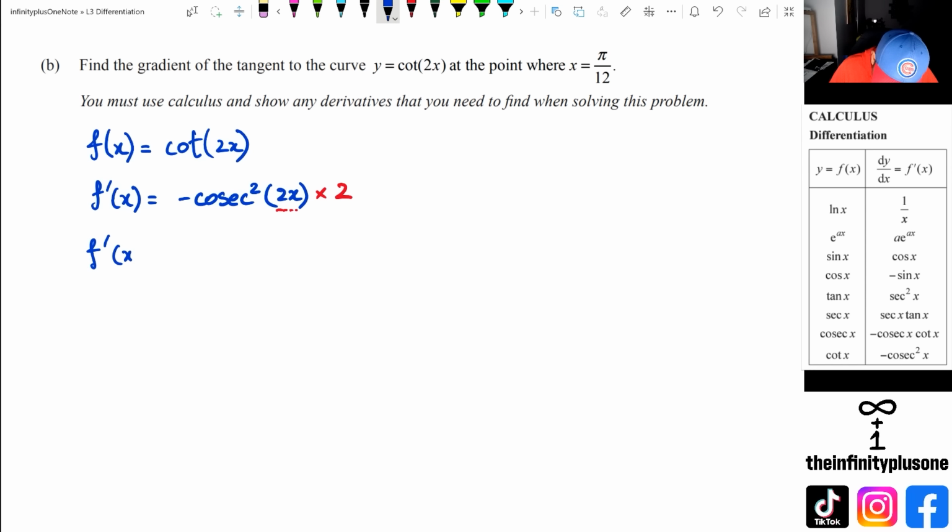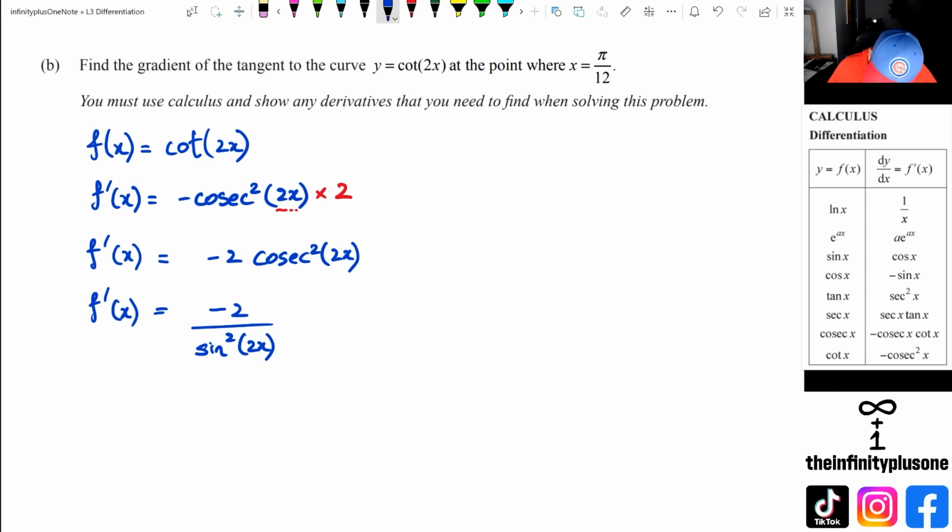So we can say that f dash of x equals negative 2 cosec squared 2x. And now cosec squared is 1 over sine squared, so I could rewrite this as negative 2 over sine squared 2x. Now I've got to find what the gradient is at x equals pi over 12. So I've got f dash of pi over 12 equals minus 2 over sine squared 2 times pi over 12.